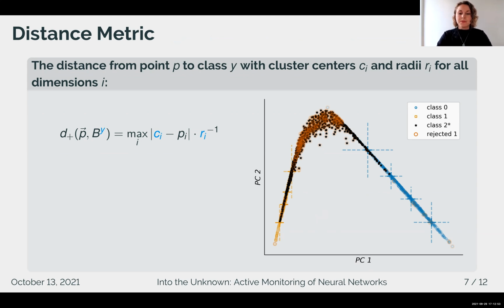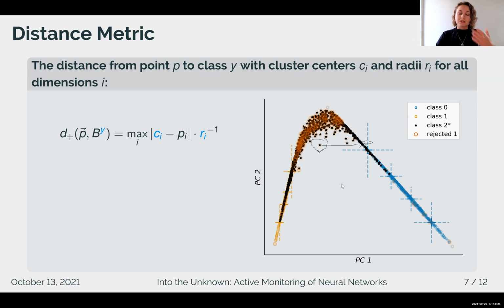So let's say that we look at the points in here. So this is our point now. What we would like to compute first is the distance, or so-called box distance, from this point to the blue class. We do it for each cluster in our neural evaluations.